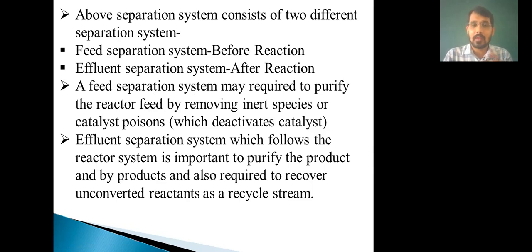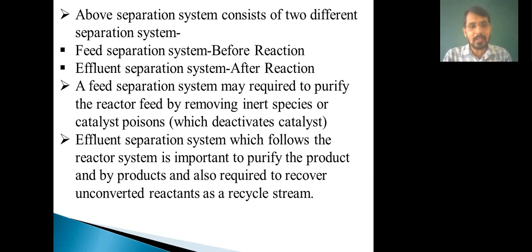Now, the opposite: what is the meaning of promoter? Promoter enhances the rate of catalyst, but poison deactivates the catalyst. Means in the feed separation system, we are removing first the inert part, which is present as an impurity, and second we are removing poison which deactivates the catalyst.